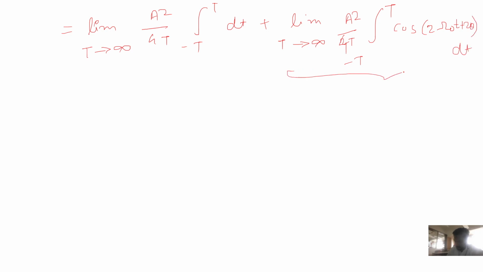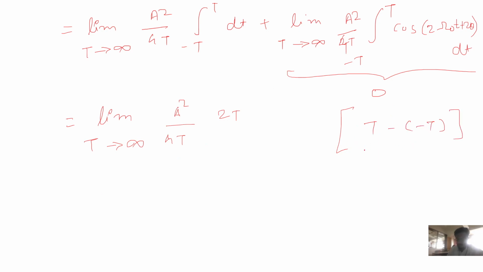Understand this? This second term is going to be 0, because I can put minus T and plus T, and that gets cancelled. Therefore the answer is the limit of A squared upon 4T times the integration of dt, which is 2T, because T minus of minus T is 2T.